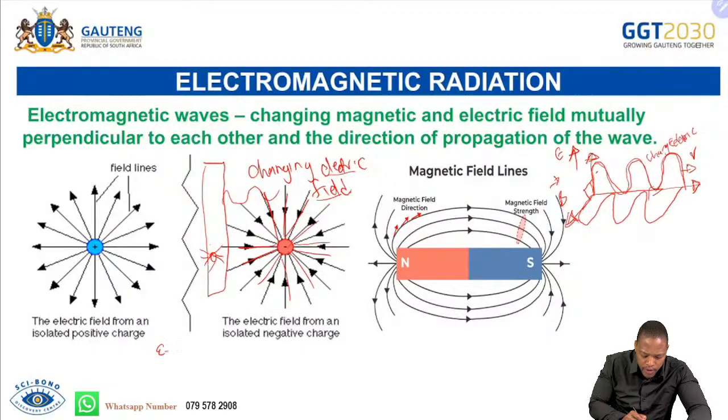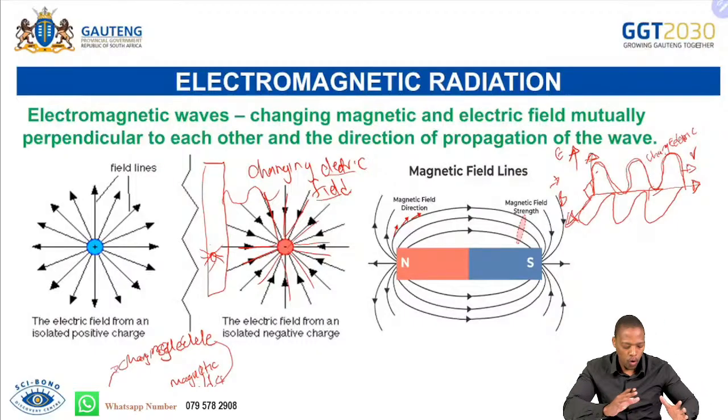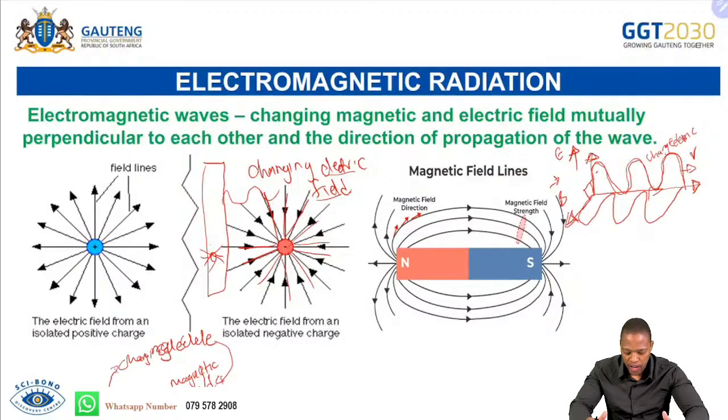So a changing electric field will cause a changing magnetic field, while a changing magnetic field is also causing a change in electric field. So they are causing each other.